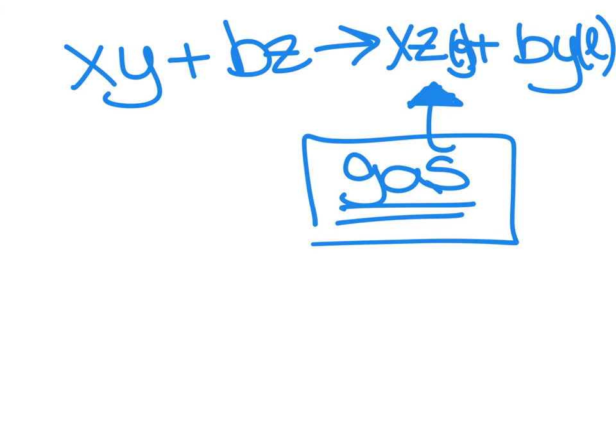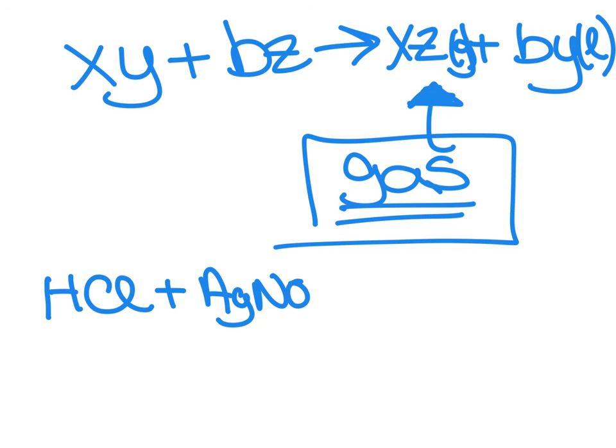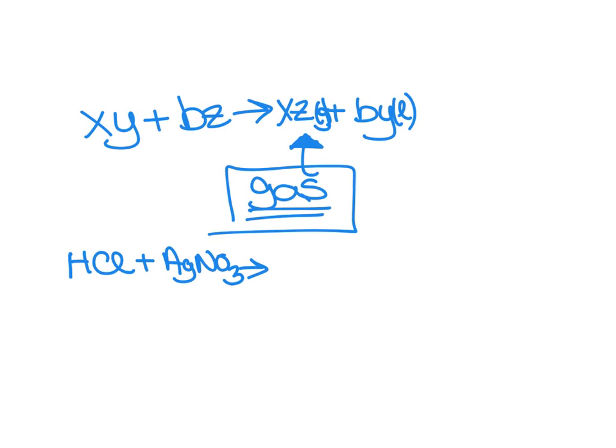So an example of the formation of a solid would be when you form a precipitate, where you go to table F and you note that a precipitate was formed. So for example, let's say we reacted HCl with AgNO3, and our products would be a double replacement reaction, where now H is going to switch places with Ag, so H becomes HNO3, and Ag will now combine with Cl.